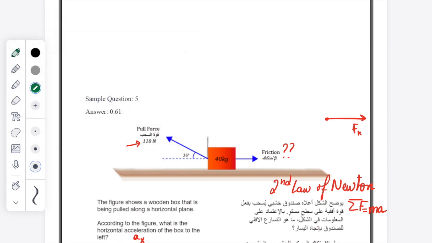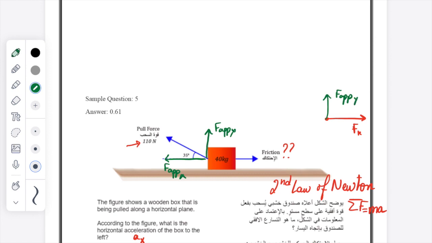First, the y component, F applied y, and to the left F applied x. So I have an upward force applied, F applied y.